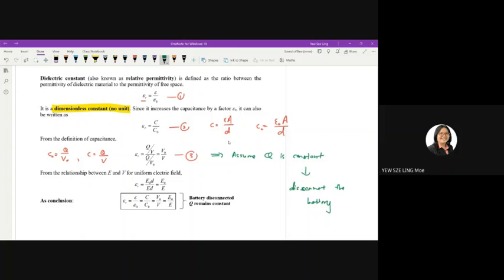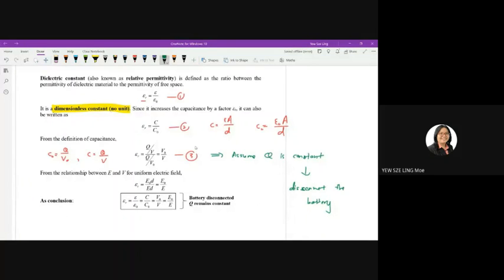So no battery, no supplier. No supplier means no additional charge can be supplied to the circuit. It doesn't matter what you do in the circuit or how you modify it, there will be no extra charge flowing in the circuit. So Q remains constant if you disconnect the battery.